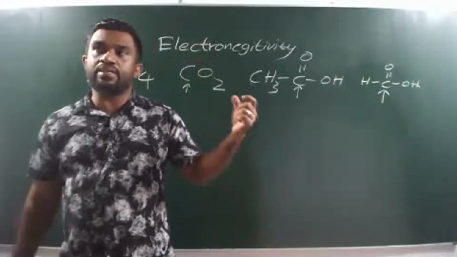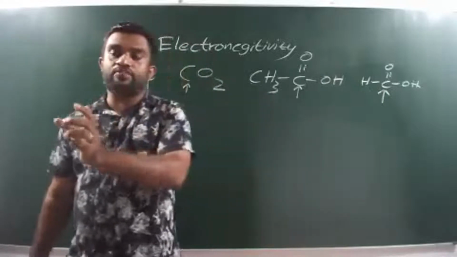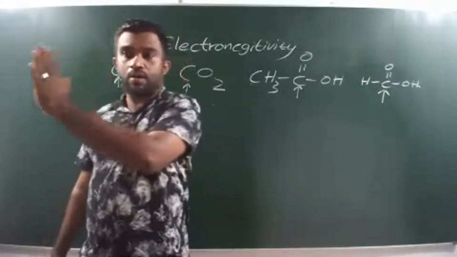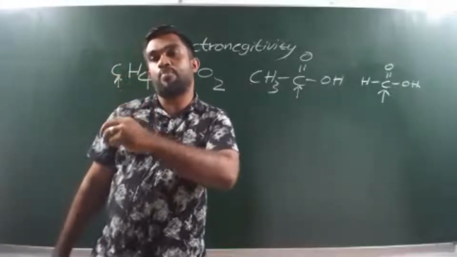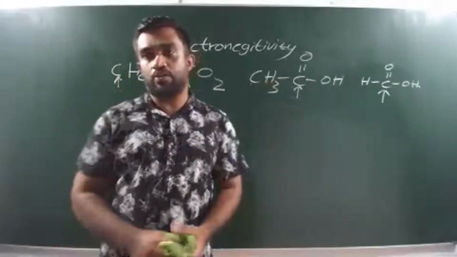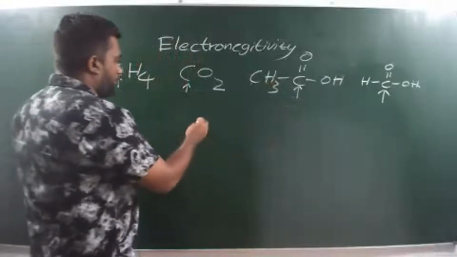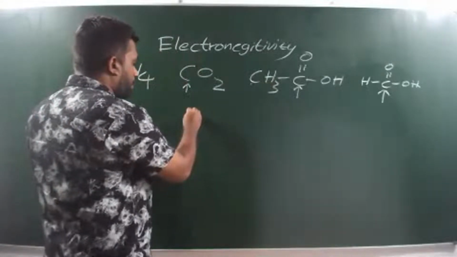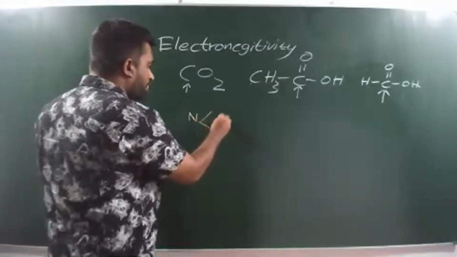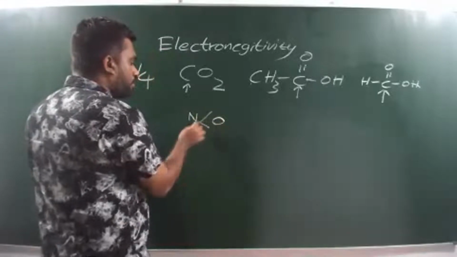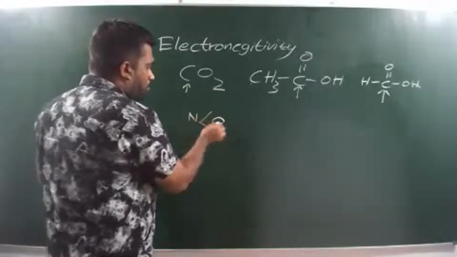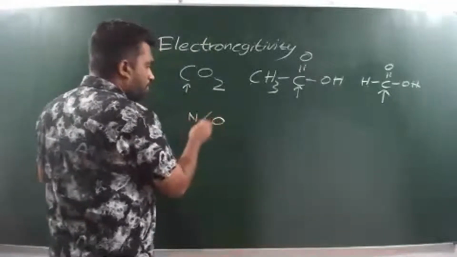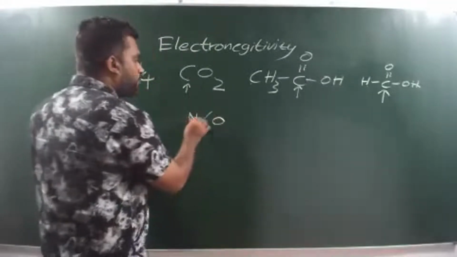In the previous theory, what we learned is that electronegativity will increase when you go from left to right in a period. So that means the electronegativity of oxygen is greater than nitrogen, because the size of oxygen is less than nitrogen, so electronegativity increases.